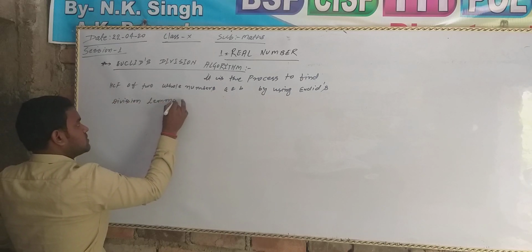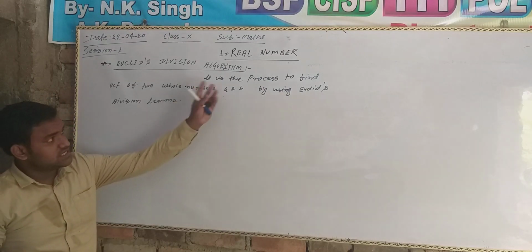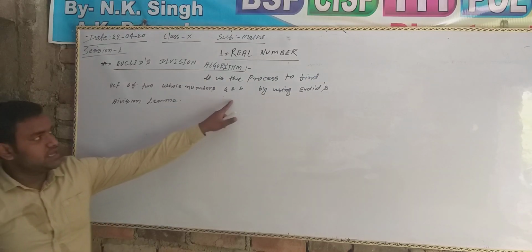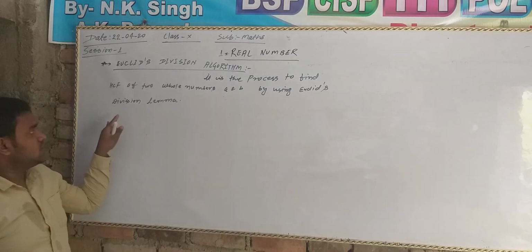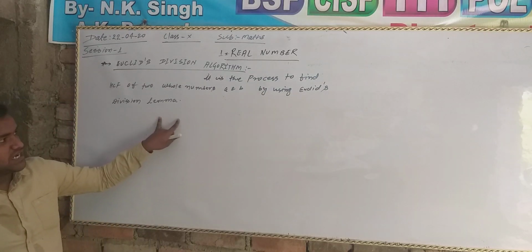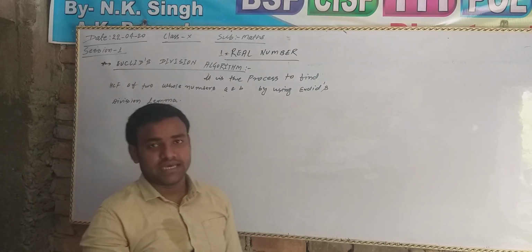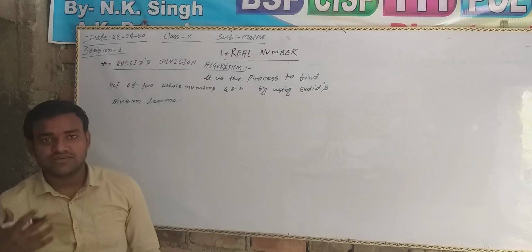Okay. What is Euclid division algorithm? It is the process to find HCF of two whole numbers or two positive integers a and b by using Euclid division lemma. यूक्लिड डिवीजन लेमा का यूज करके दो होल नंबर्स ए और बी का जो एचसीएफ निकालने का पूरा प्रोसेस है उसे हम यूक्लिड डिवीजन एल्गोरिथम कहते हैं.